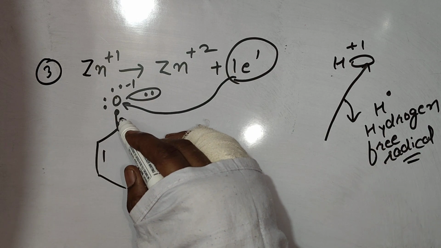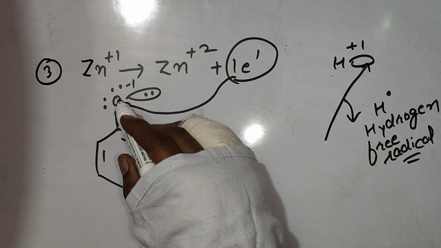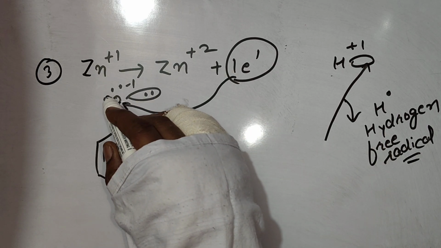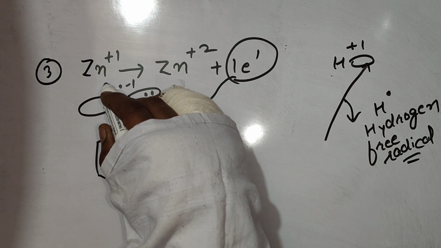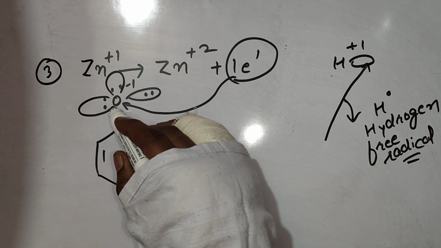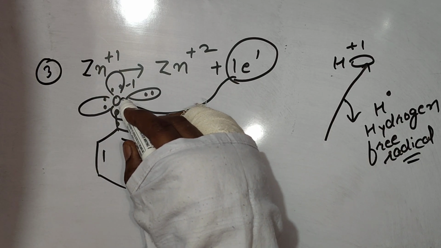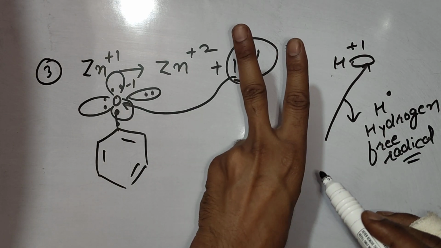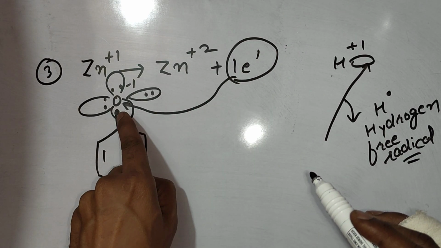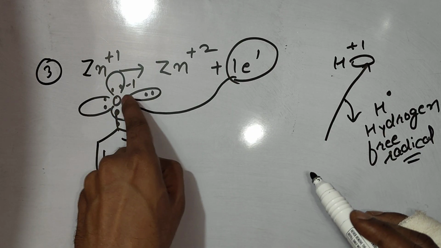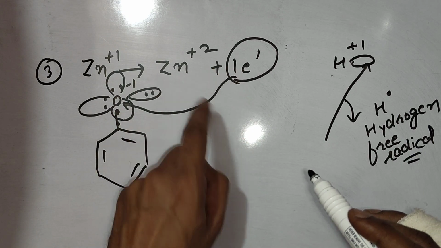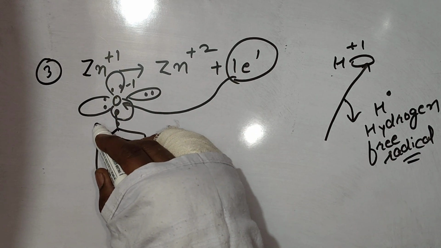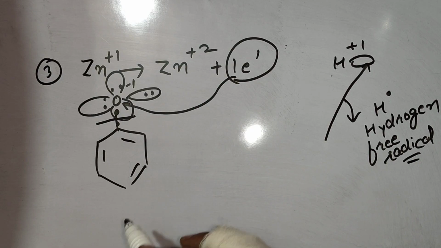This oxygen has a maximum of 4 orbitals around it. This is the first orbital, second orbital, third orbital, and the fourth orbital. In one orbital a maximum of 2 electrons can exist. So this electron of its own and this extra electron from zinc will enter this orbital and the bond will break like this.